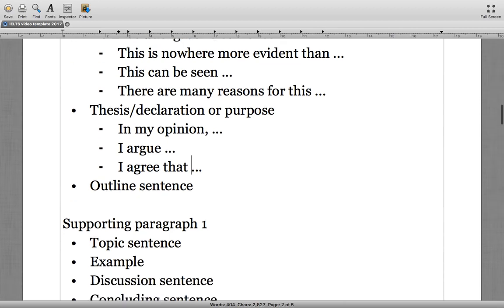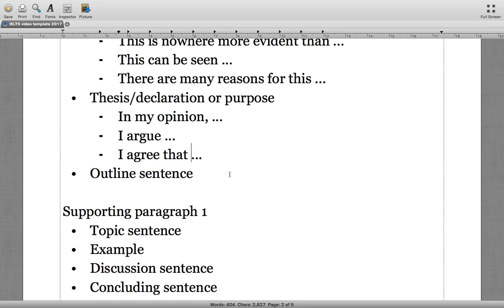Okay, and then the final sentence in the introduction is your outline sentence, and again, you want this to flow quite naturally from the thesis. In some of my example essays, I actually connect the 2 sentences together, the thesis and the outline sentence, so that might be an option for you as well.